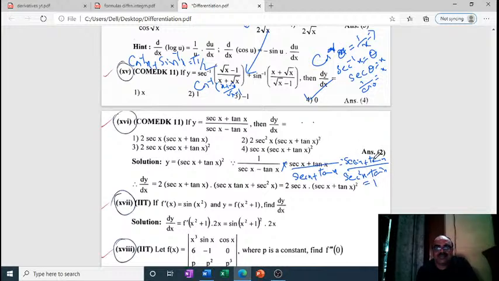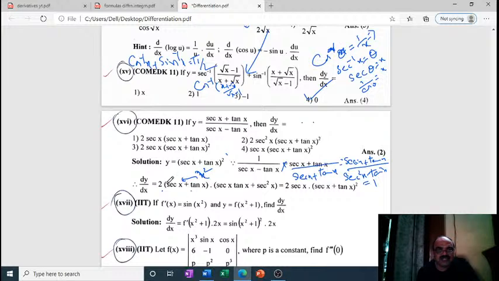So the numerator is secant x plus tan x into secant x plus tan x, so it is secant x plus tan x whole square. Now this looks like x square. X square differentiation is 2x.